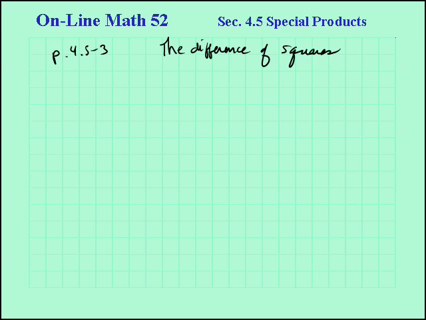The rule says this. If we multiply two conjugates together, and I'm just going to use a plus b and a minus b, and then we'll provide some examples, we will always get a squared minus b squared, meaning this.